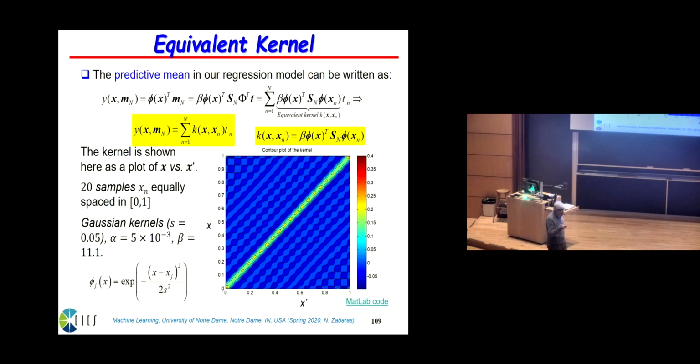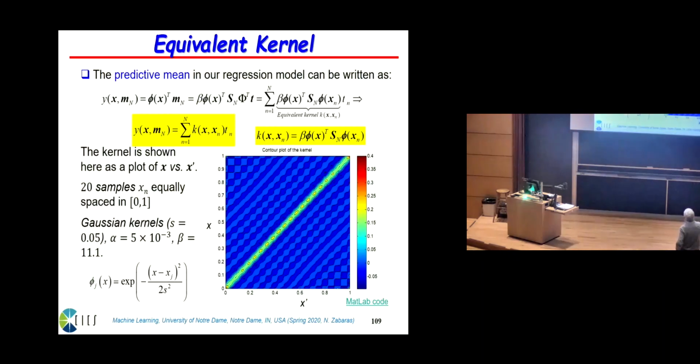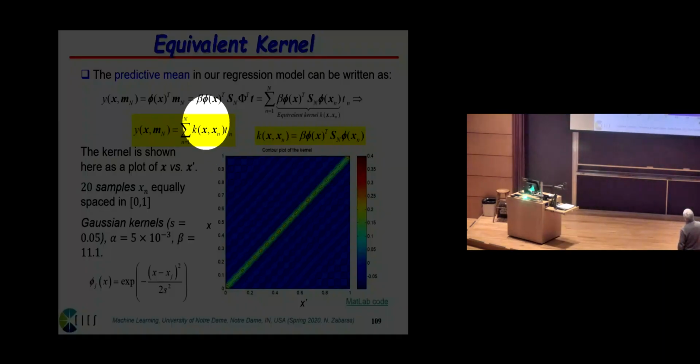Take all the responses for all your training data and weight them with this kernel that, as we will see, somehow accounts for the distance of x. Well, not quite, but you can think of it as a distance measure between x and xn.